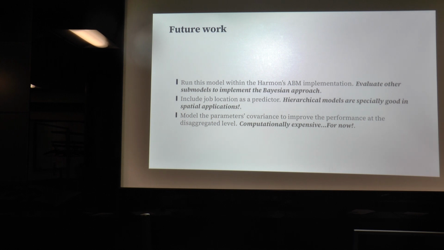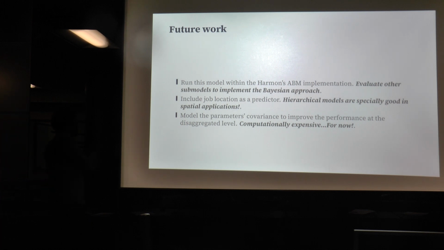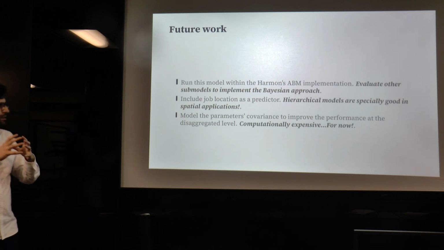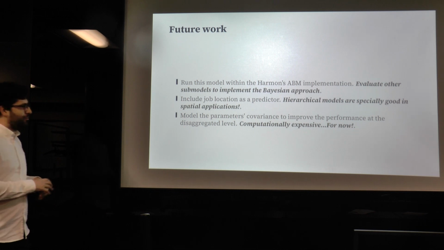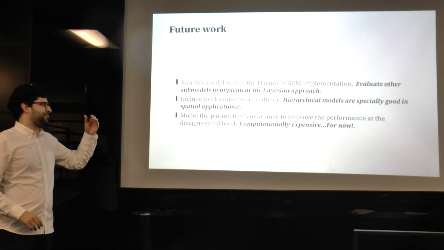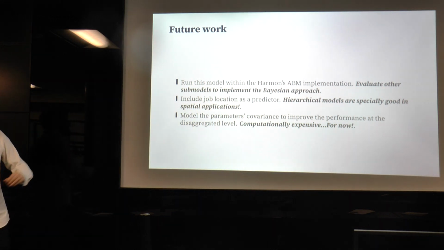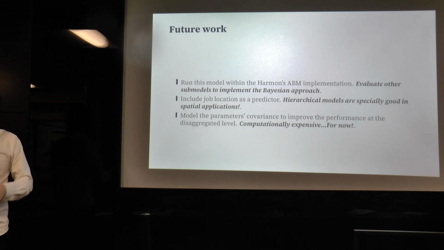And finally, we can include the model parameters' covariance to improve the performance at the disaggregated level, to see in more detail the relationships between the predictors. This is very computationally expensive, but I'm totally sure that in a couple of years, this model will run in half the time, given the amount of progress that we are making.